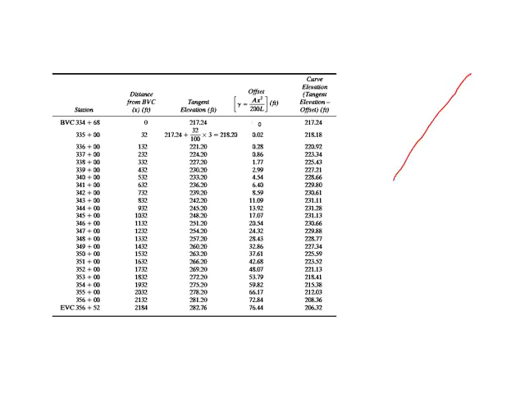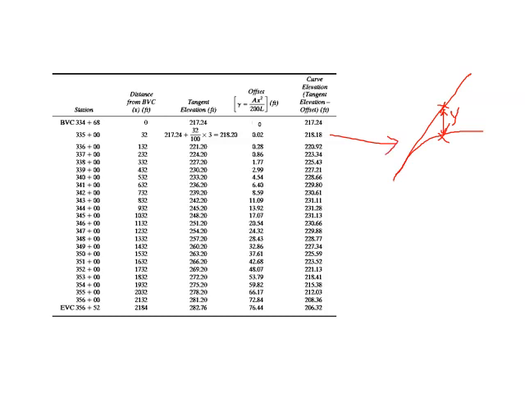This is the tangent and this is the curve. The offset is this distance, y. So from the tangent elevation you subtract y and you get the elevation of the curve.